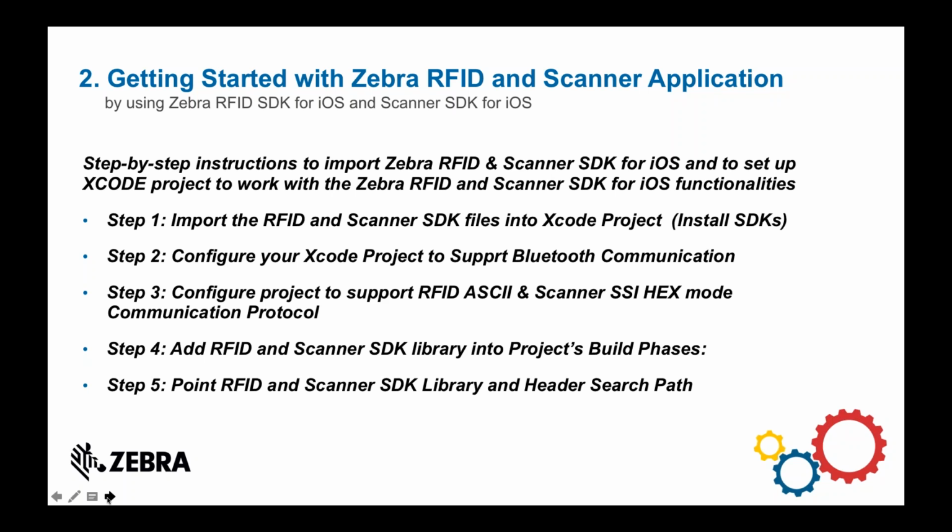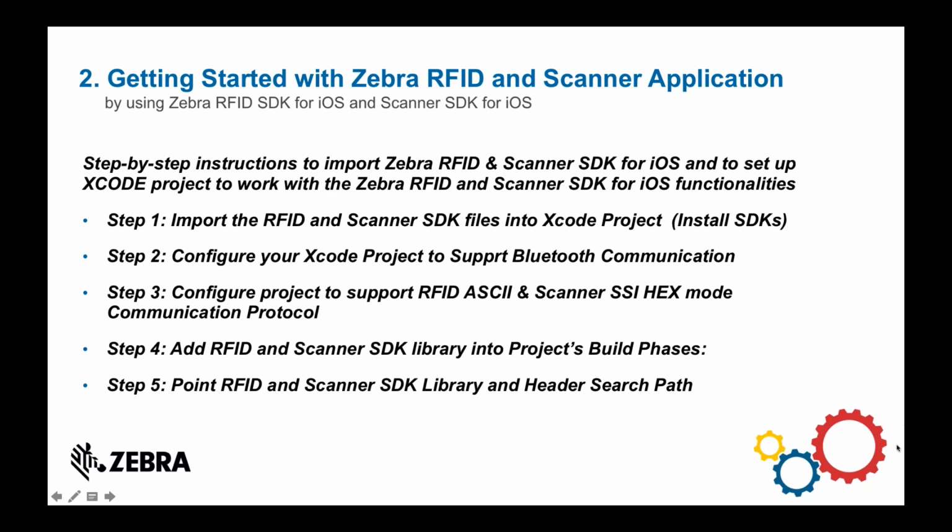Step 3, configure the project communication protocol. Step 4, include the RFID and Scanner SDK libraries into your project. The final step, you need to make sure you point the project search paths to the SDK locations for header files and libraries.